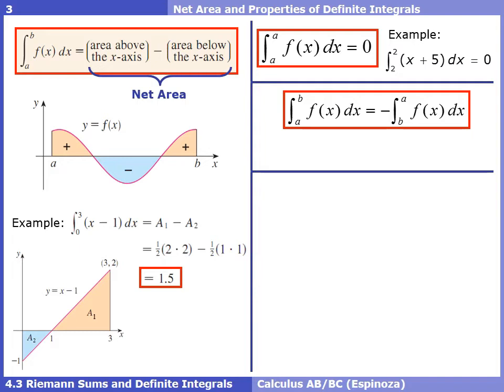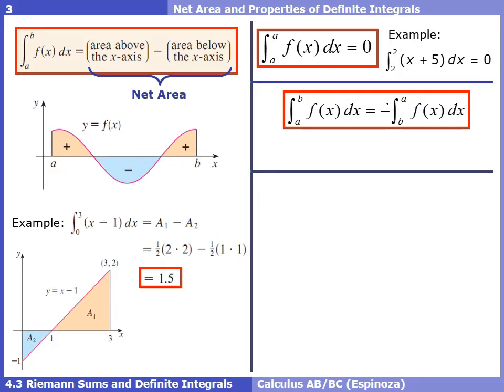From time to time, you're going to have to watch out for this. You'll notice that we call the a the lower bound, and we call the b the upper bound. In other words, a has to be smaller than b. Every once in a while, you're going to run into a problem that switches that on you. And it turns out that's not a big deal. If you want to switch the bounds on your definite integral, it's totally legal.